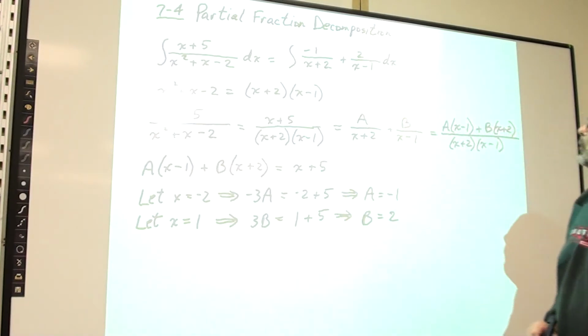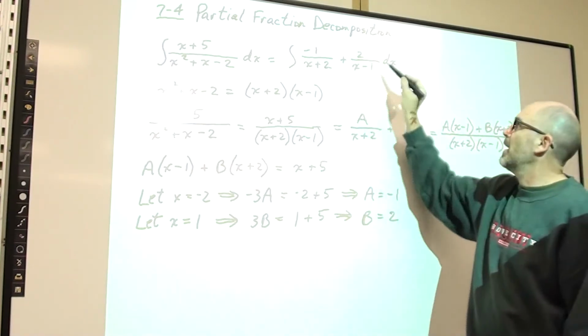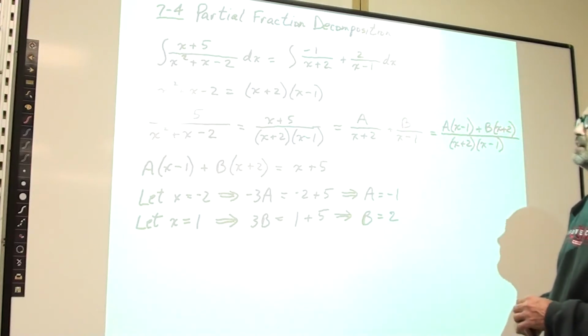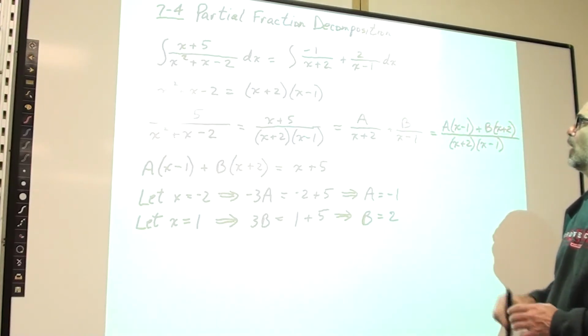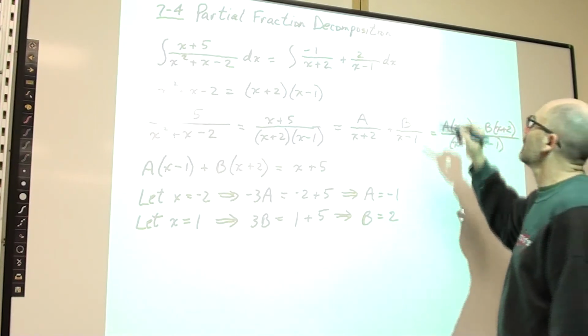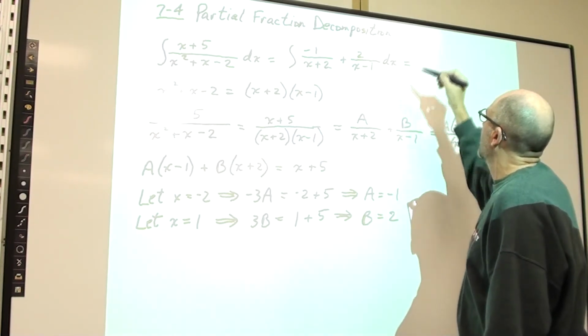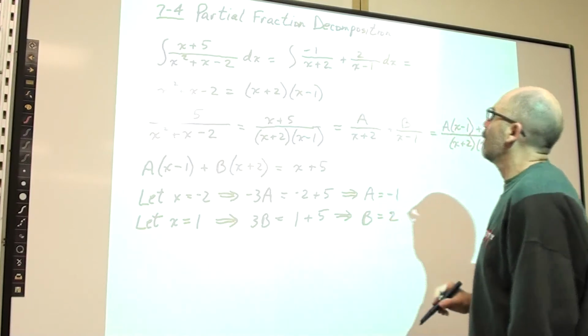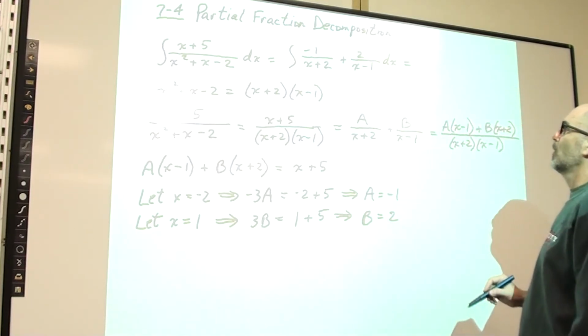All right, the reason we made these into two bite-sized chunks like this is now we can take the integral of each chunk. So we've got the integral of negative 1 over x plus 2.